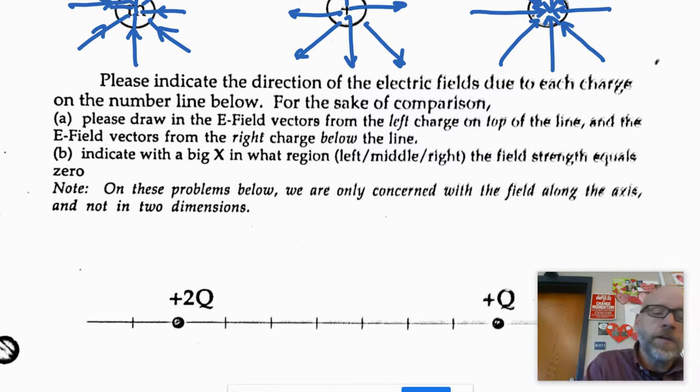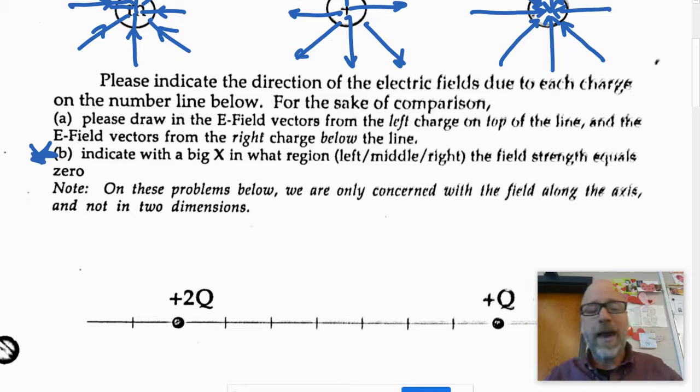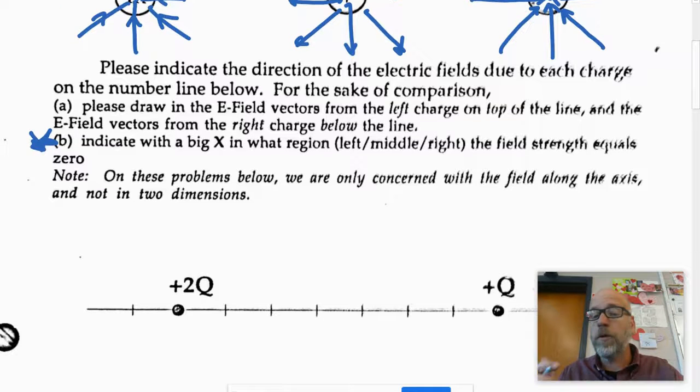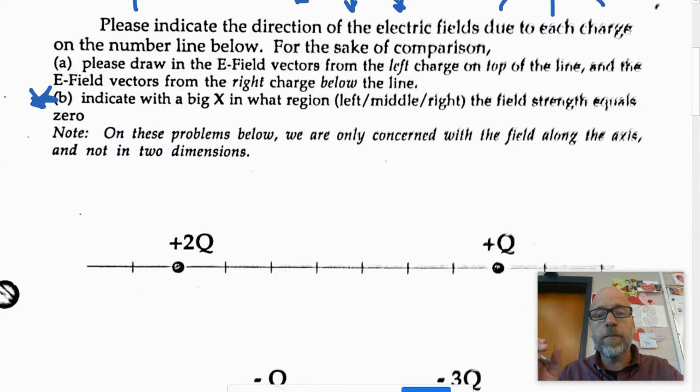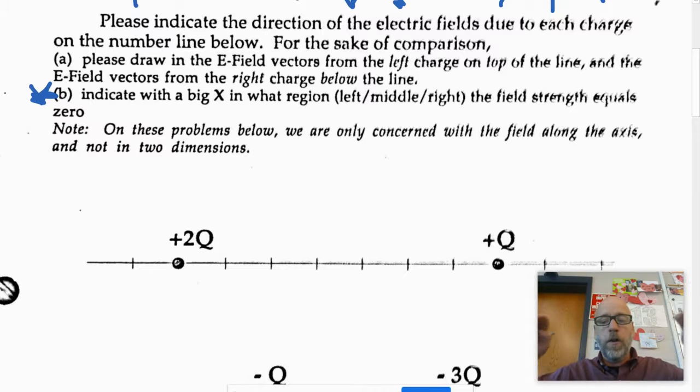And this is the key. I want you to indicate with a big X in what region, left, middle, or right, the electric field is equal to 0. Now, what we're doing in this is that we are limiting our problems to being on the number line instead of in the x and y plane. It's just going to be on the number line, making it much easier.